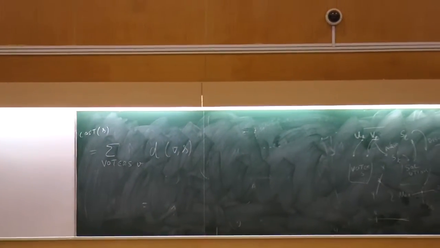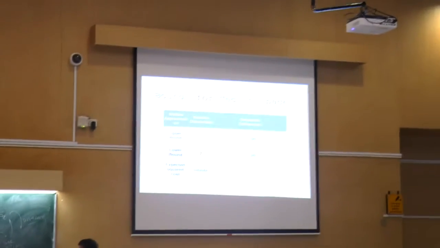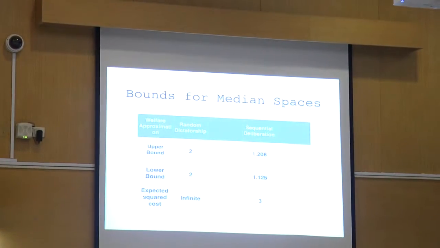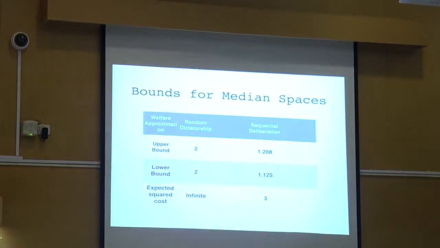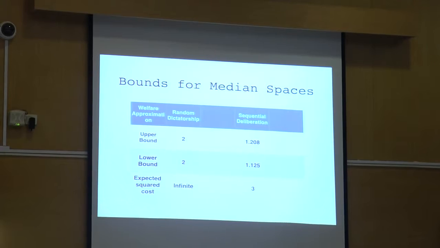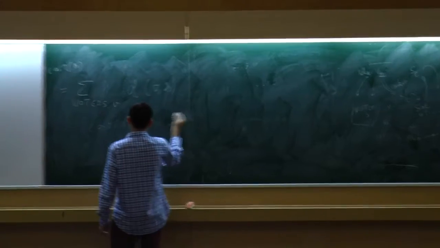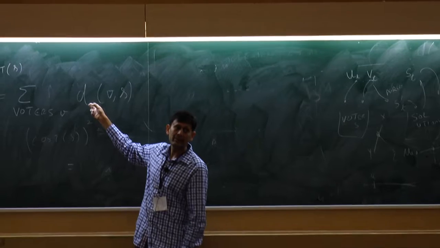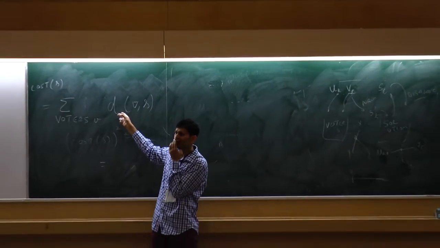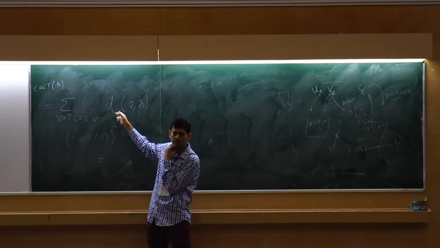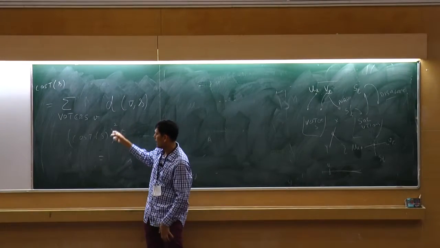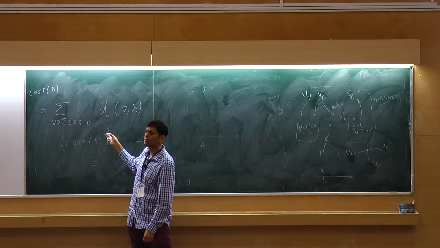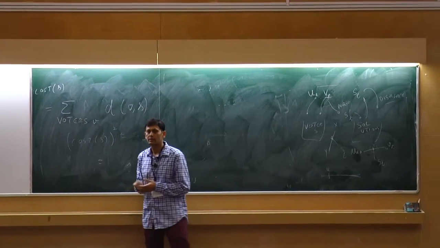So this is the cost. This would be the squared cost. And if you just look at the expected cost, then random dictatorship gives you 2 and our algorithm gives you 1.2 in terms of how close you are to the optimum. And if you look at the expected squared cost, then we get 3 and random dictatorship gets infinite, is unbounded.